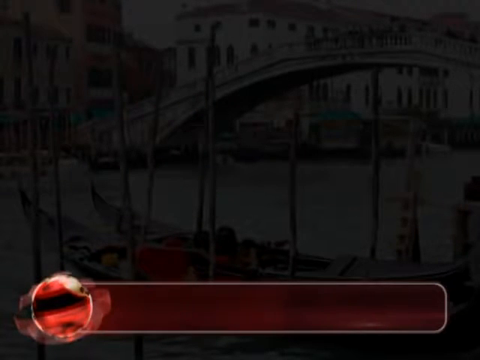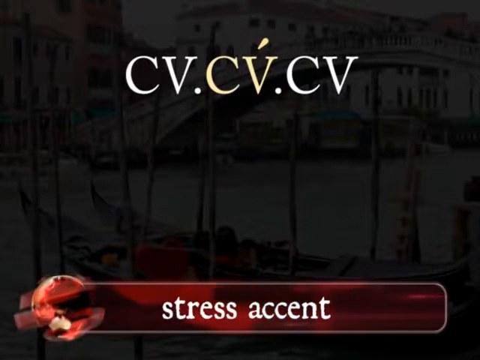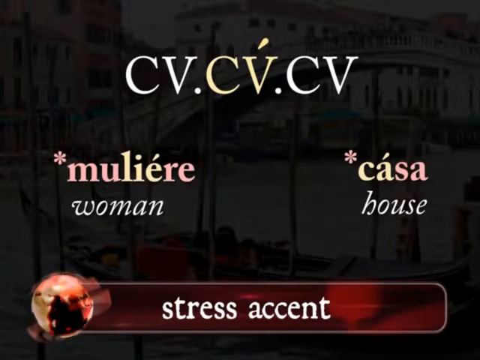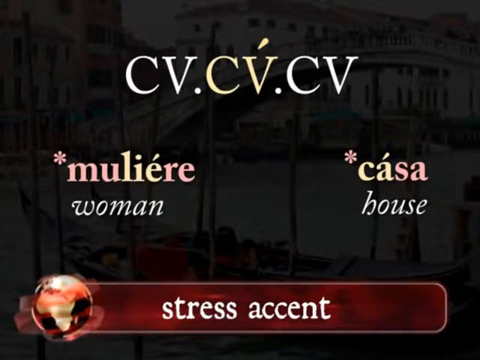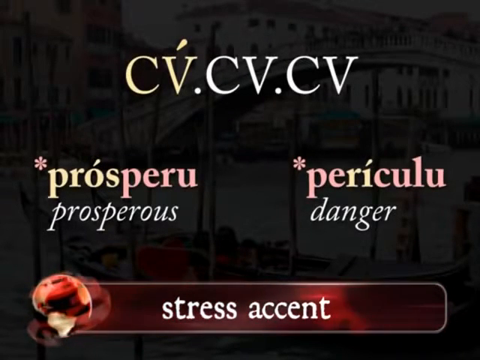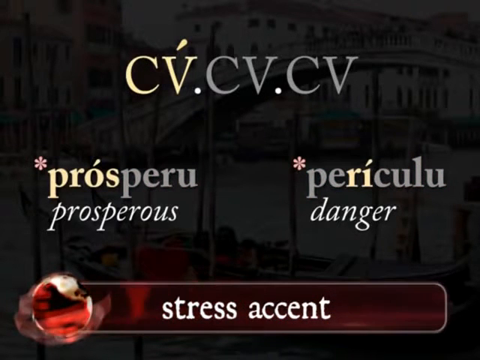Most words had a prominent louder syllable, and this stressed syllable was typically the second to last one, like in muliere or casa. Sometimes it was the third to last syllable, like in prospero or pericolo. The other syllables were unstressed.